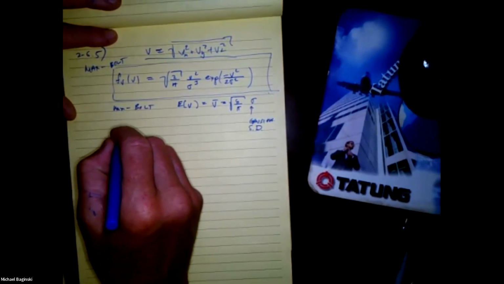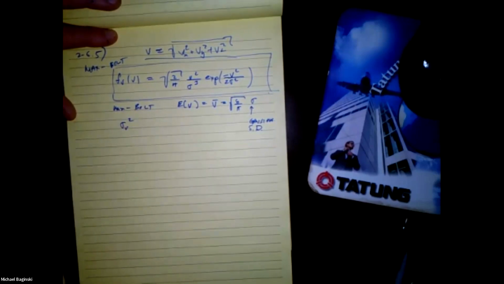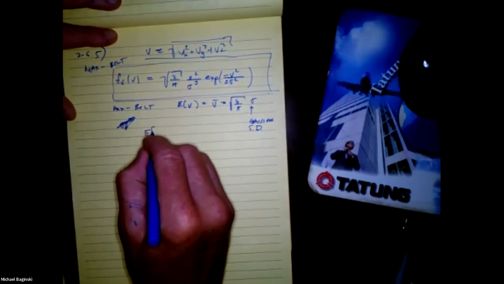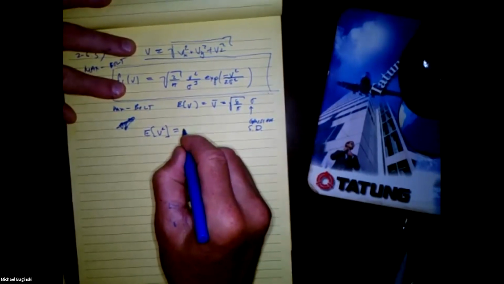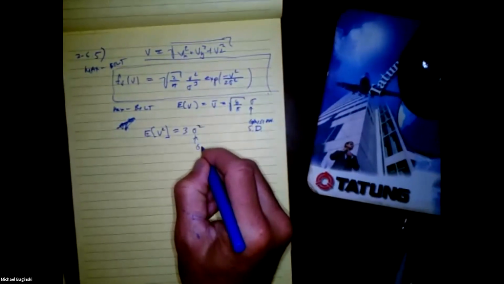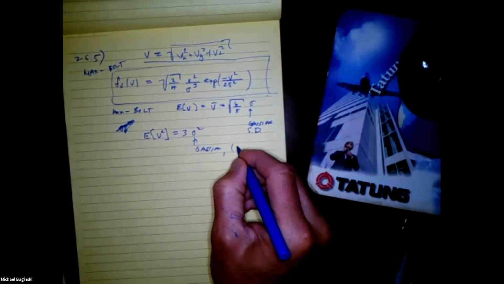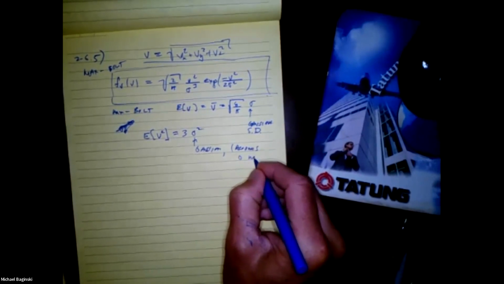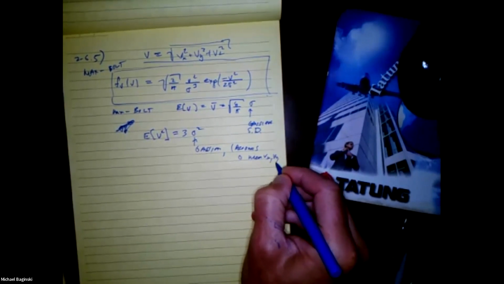And then when you talk about the expected value of the velocity squared, now this is important. The expected value of velocity squared is just 3 sigma squared. And do yourself a favor, that's Gaussian sigma. And also say it assumes 0 mean values for Vx, Vy, and Vz.